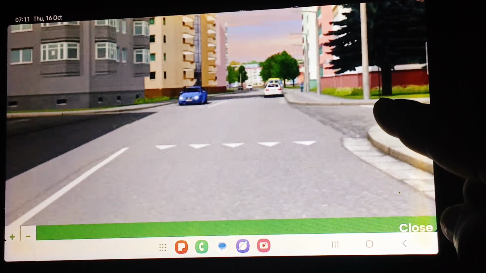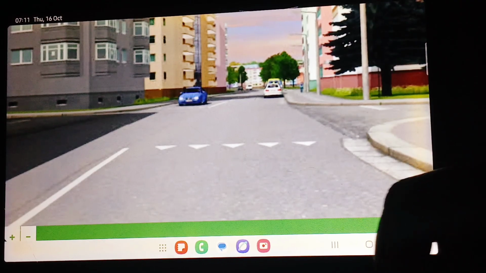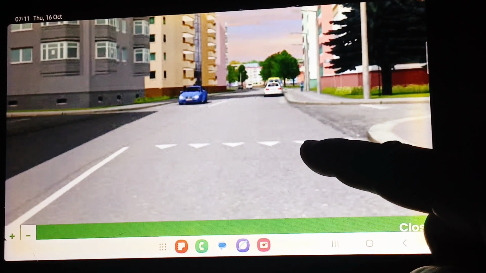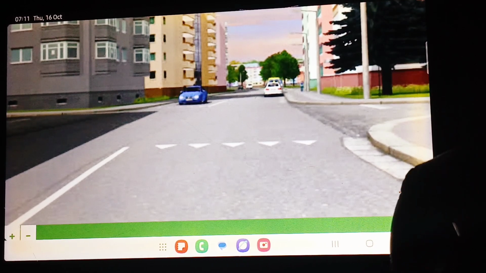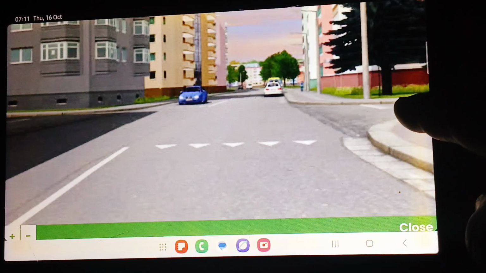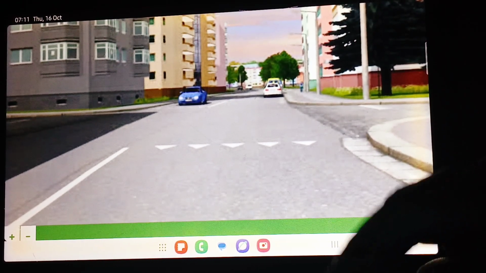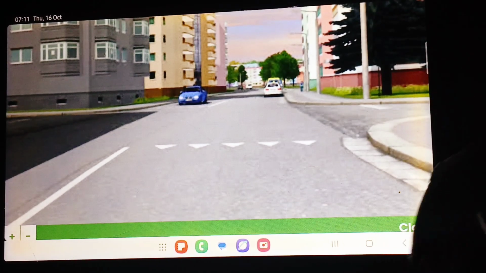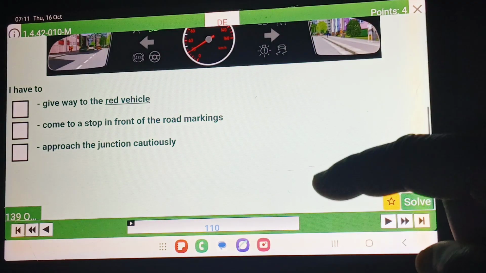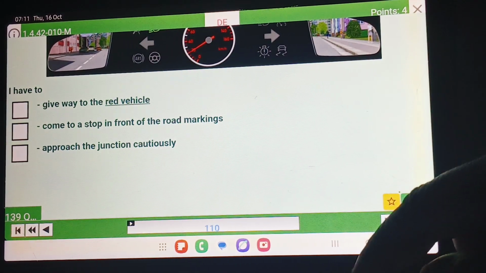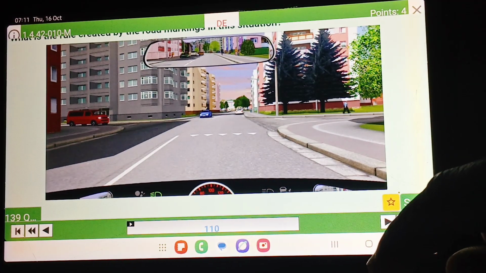For example, if a vehicle is coming out from this right lane, you have to approach this junction at a moderate speed, at a low speed, so that if there's any vehicle coming out from your right hand, you can easily stop and allow the vehicle to pass, right before left. That's what it means. So, do I have to give way to the red vehicle? No, you have right over this red vehicle because it's on your left.